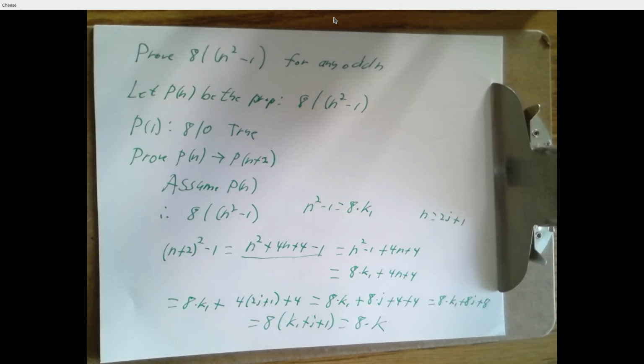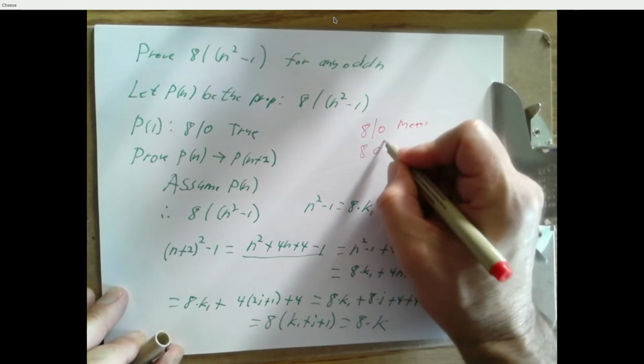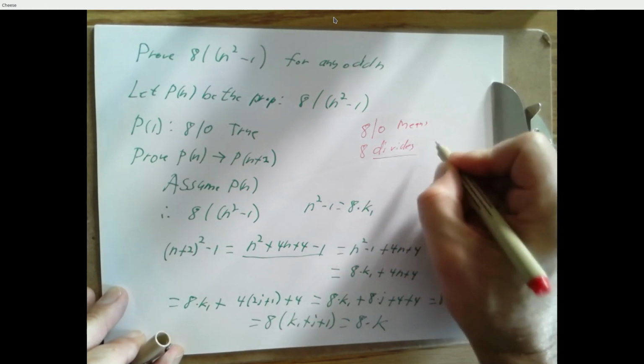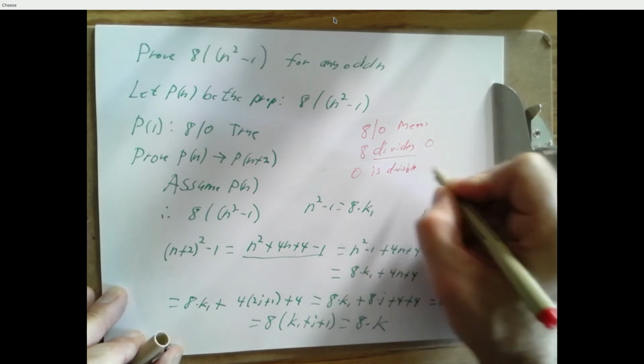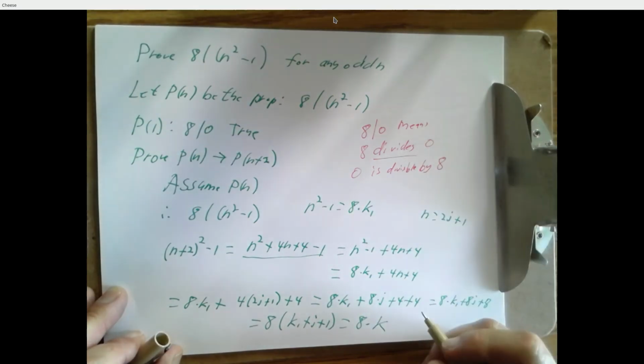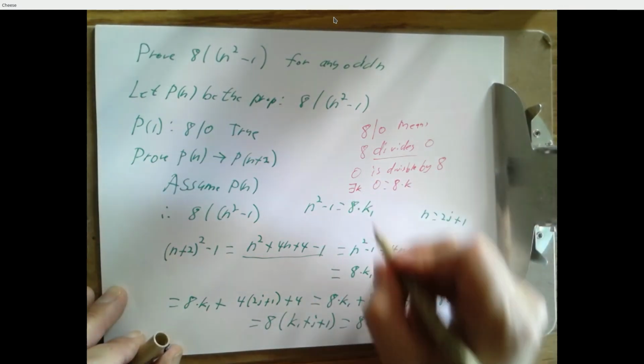So I kind of rushed it, but isn't 8 over 0 an invalid base case? We're not dividing 8 by 0, we're dividing 0 by 8 and saying we get an integer. So this notation is confusing. 0 over 8 equals 0. 8 divides 0 means 0 is divisible by 8, which also means 0 equals 8 times some integer constant.